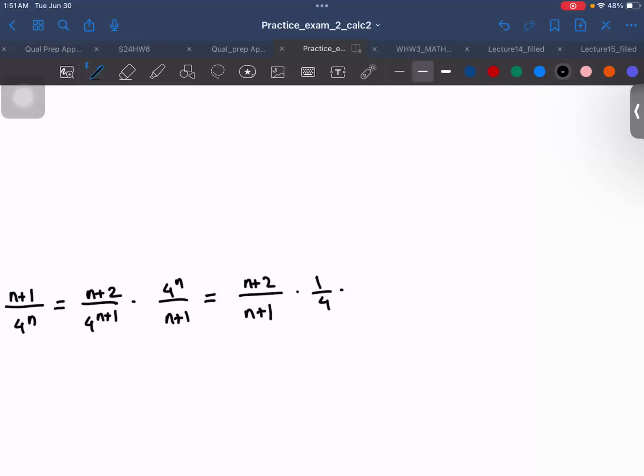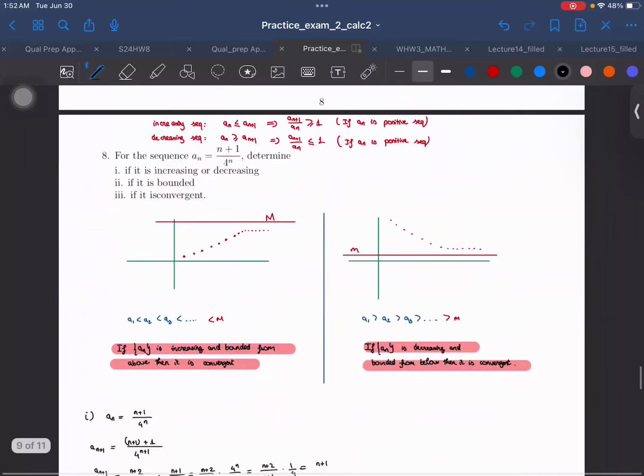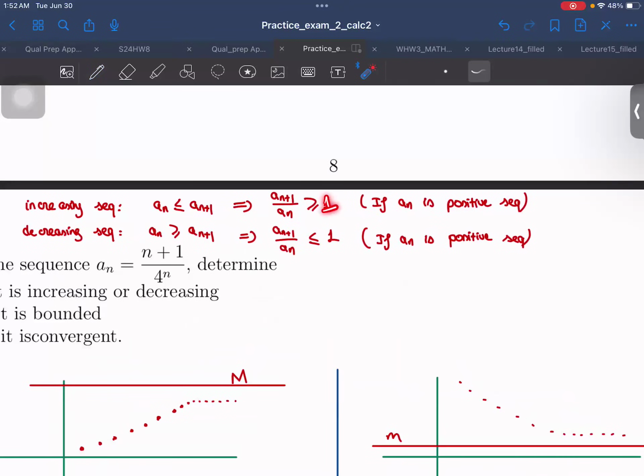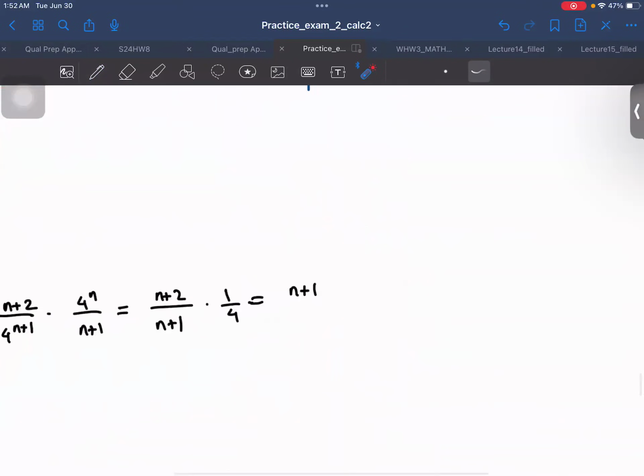And what can we say about this? You have to compare your ratio with the number one, so I will try to rewrite it this way.